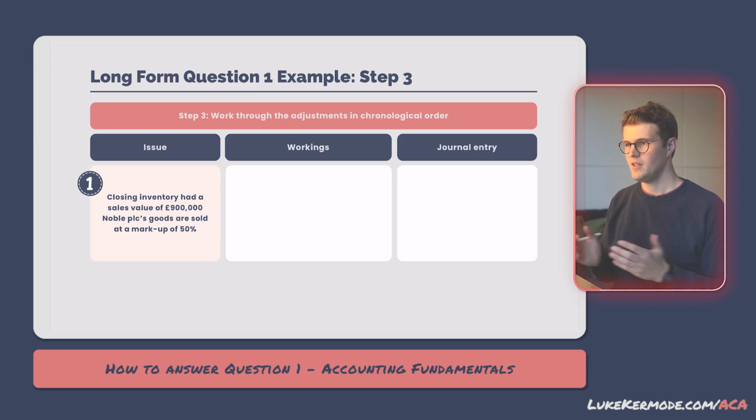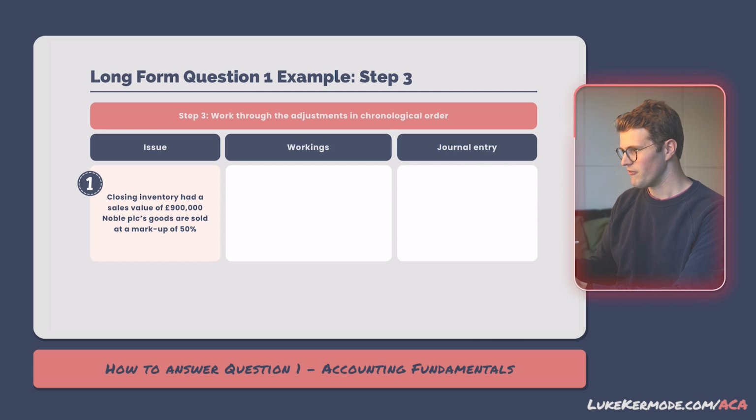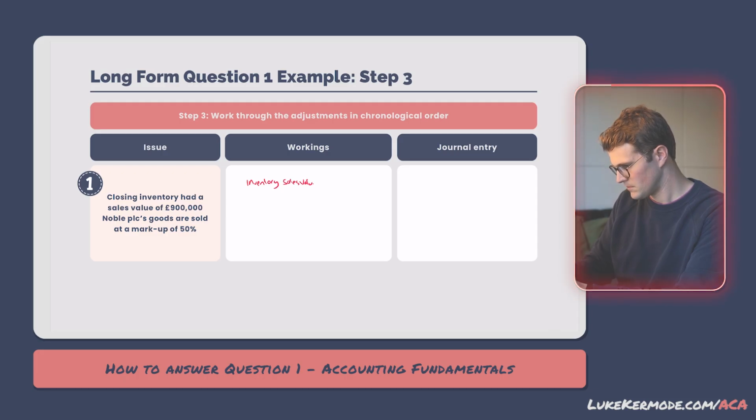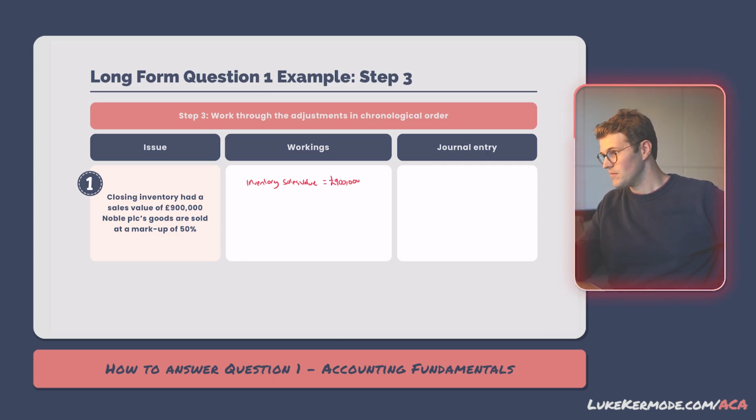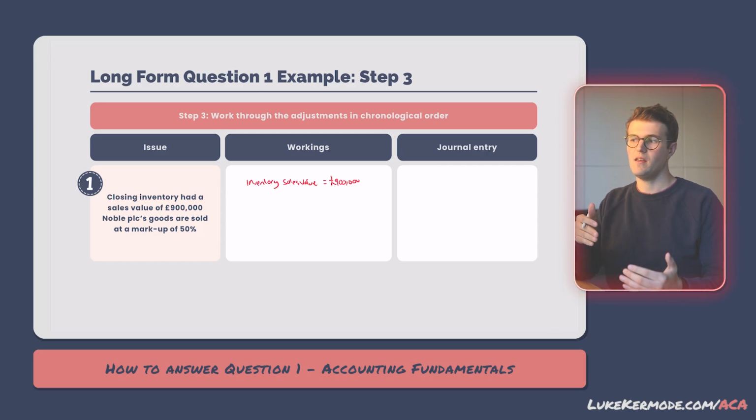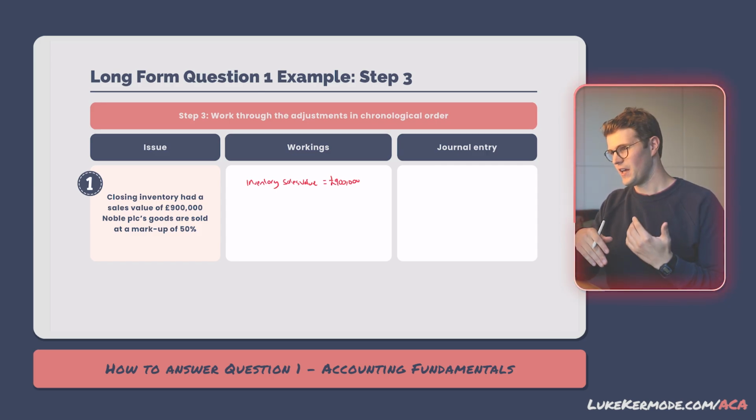Our first adjustment is to deal with closing inventory. We're told that Noble's closing inventory had a sales value of £900,000. And the company sells its goods at a 50% markup. Now remember, inventory must always be valued at cost, not at its selling price.